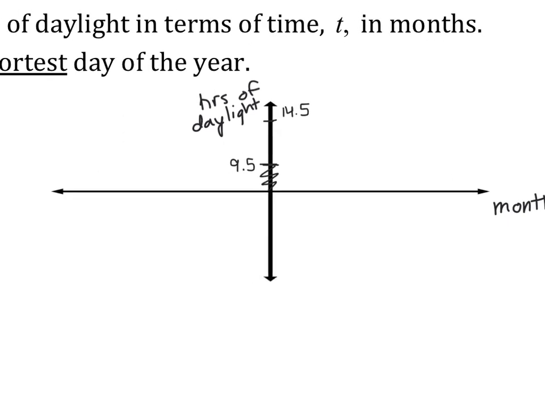The other important value is going to be that midline, the exact middle between the high and the low. The midpoint between 14.5 and 9.5 is 12. For these types of graphs, I like to sketch in a midline like this, and a maximum and a minimum to help us sketch our graph.